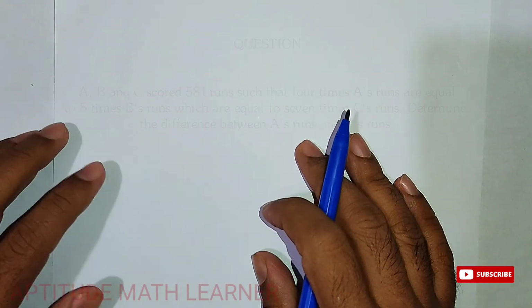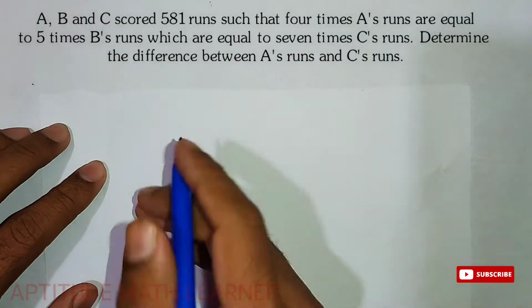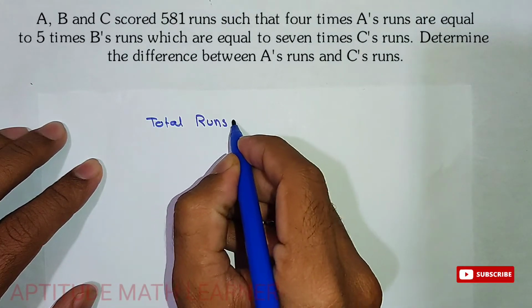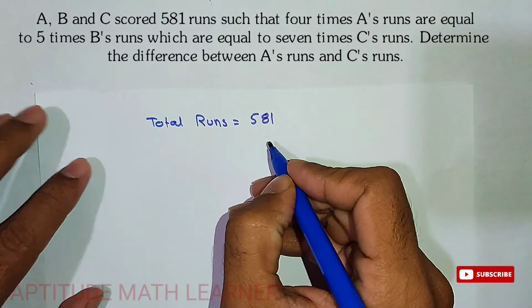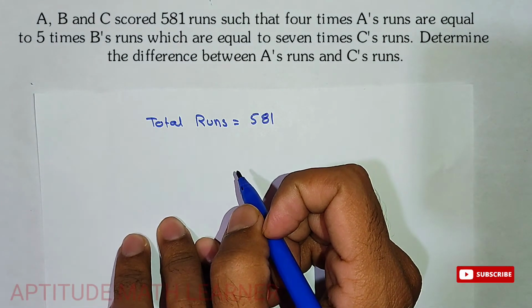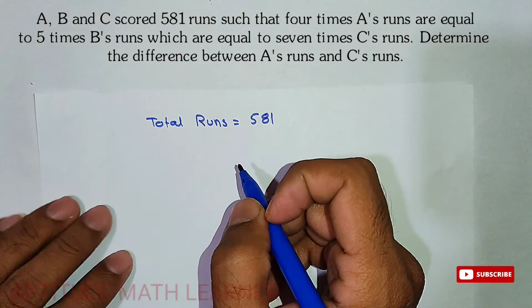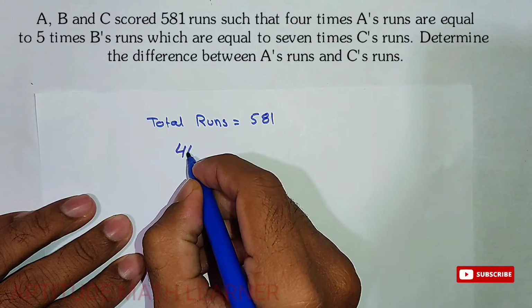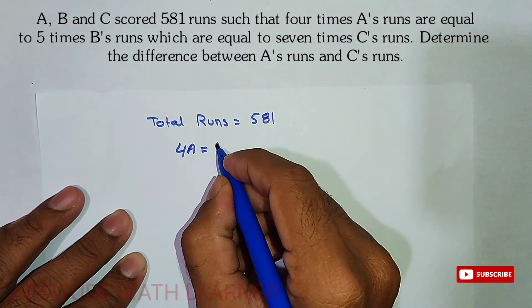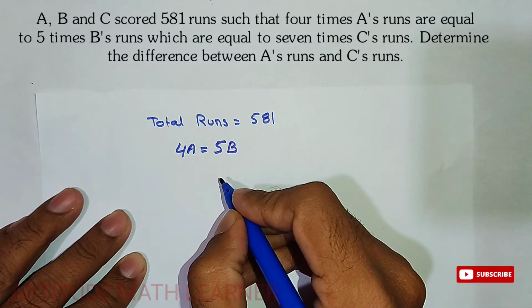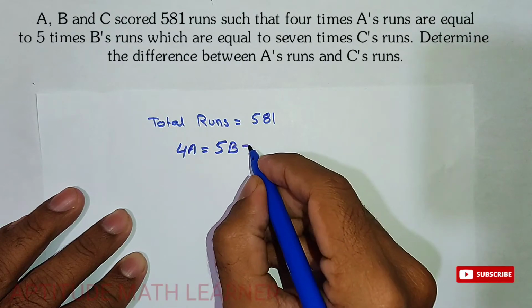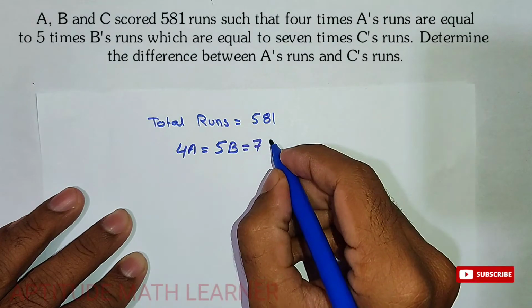So here we have the total runs, that is 581, scored by A, B and C. And in the question it says that 4 times A's runs are equal to 5 times B's runs, and B's runs are equal to 7 times C's runs.